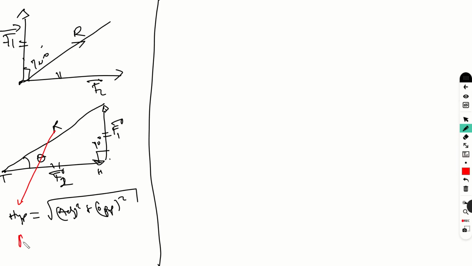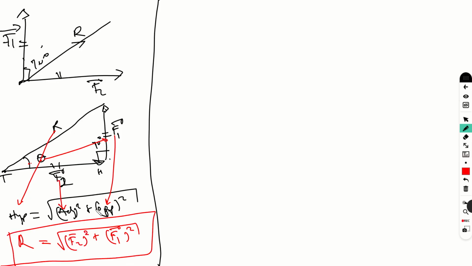So we have R is equal to, now if we are using this angle, the opposite of this angle is F1. So we have plus F1, this one will be equal to this all squared, and this one will be equal to this. So we have F2 all squared.